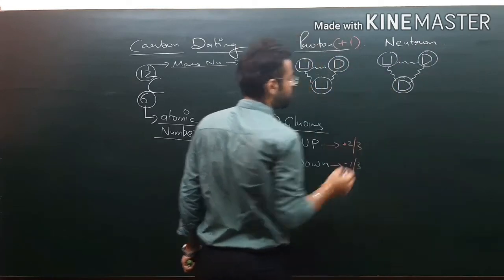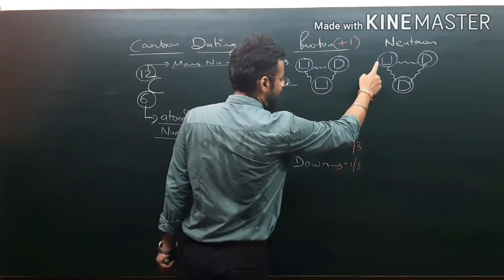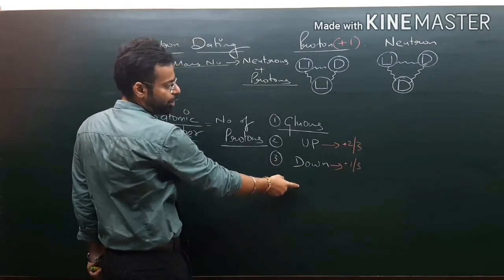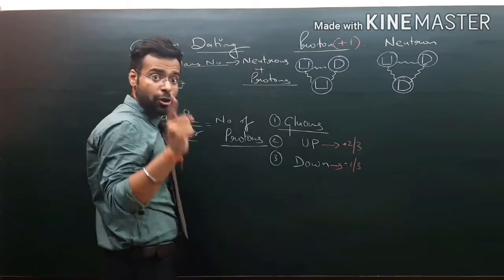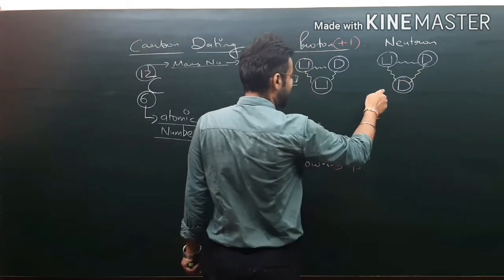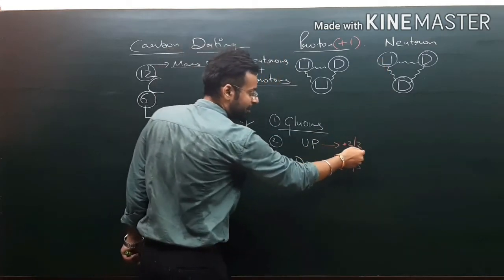Now calculating the total charge on a neutron gives us 1 up and 2 downs. Now 2 downs make up a charge of minus 1/3 each, that is minus 2/3. Whereas up has a charge of positive 2/3.